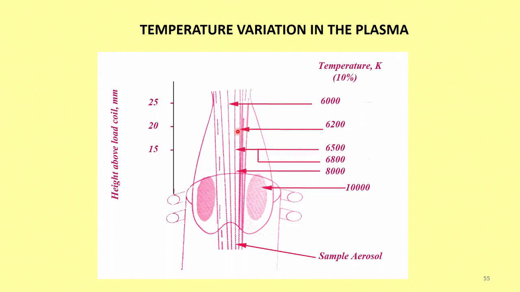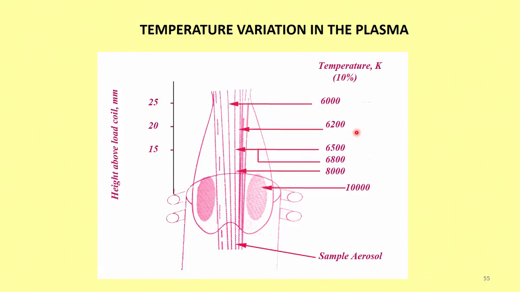Go another 5 millimeters, up to 20, and the temperature will be approximately 6,200 Kelvin, and around 25, the temperature will be around 6,000 Kelvin, and this will constitute approximately 10% of the total radiation coming out.